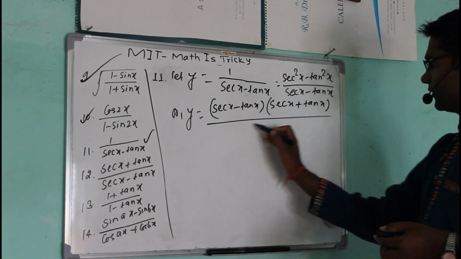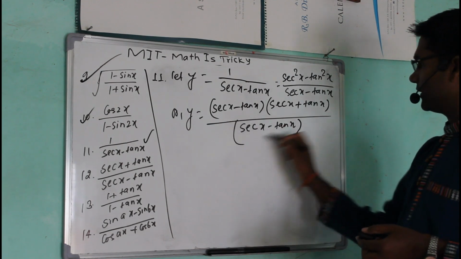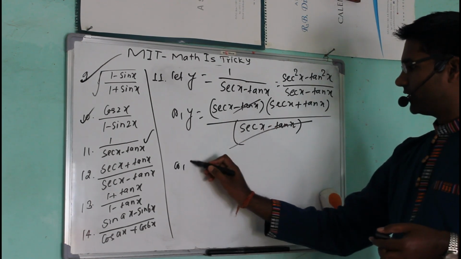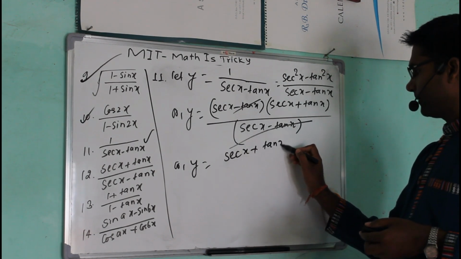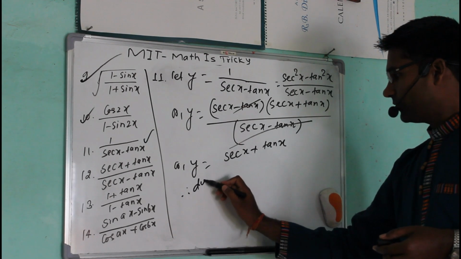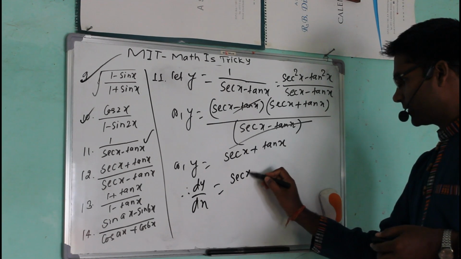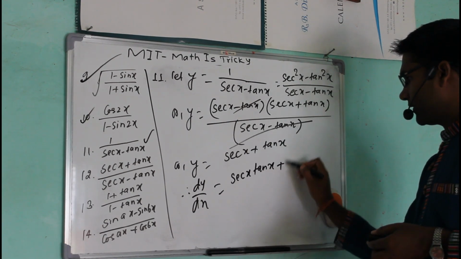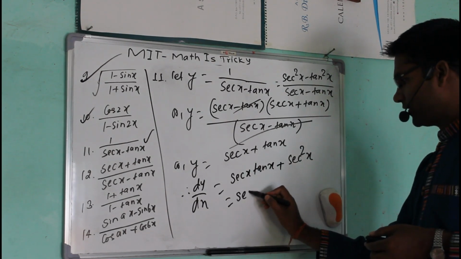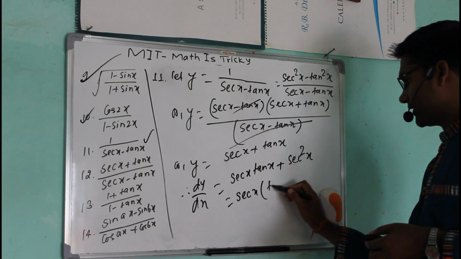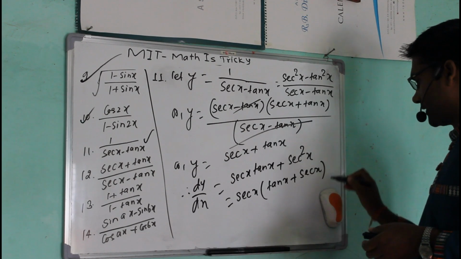Now we can cancel from numerator and denominator, so these two cancel and we get y equals sec x plus tan x. Therefore dy by dx will be the derivative of sec x, which is sec x tan x, plus the derivative of tan x, which is sec square x. We can take sec x common: sec x times tan x plus sec x. That's your answer.